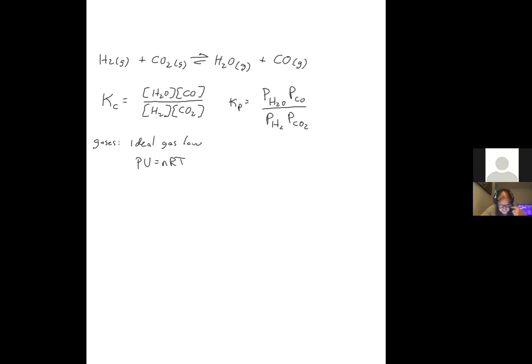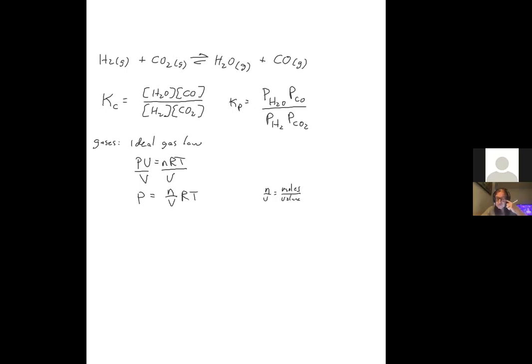So I'm going to divide both sides by V, and now I have P on the left side equals n over V times RT. Interestingly enough, what is n over V? n over V is moles over volume, right?